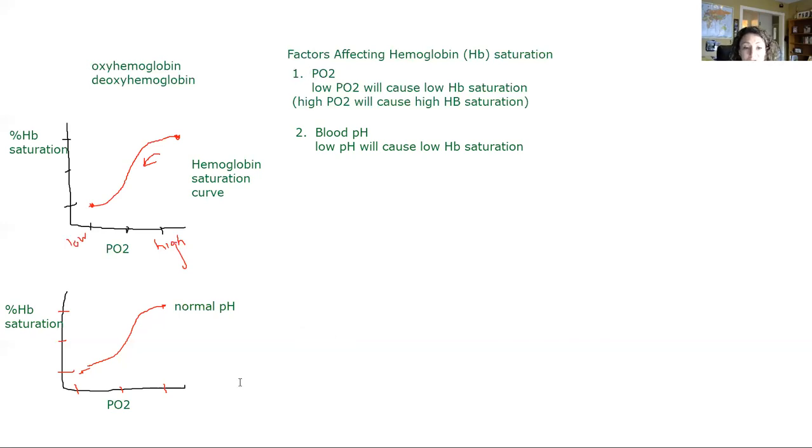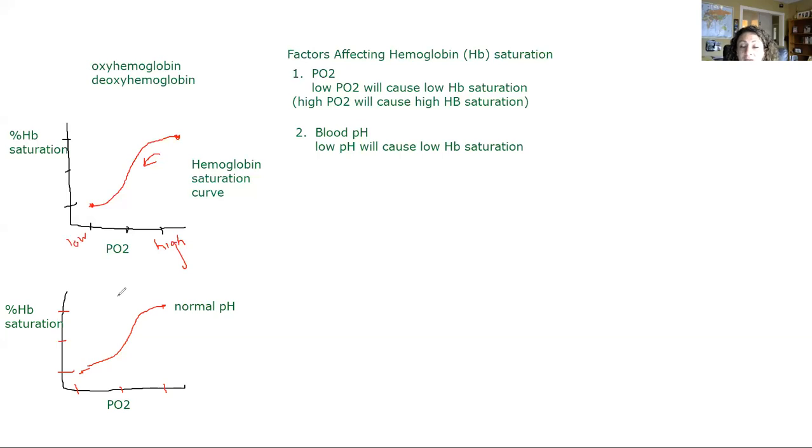So my question is, will the curve for low pH be above the normal pH curve or below it? What do you think? Above. Okay, so what would it mean if I drew the curve above it? What happens as you move up on this graph? As you move up on the y-axis, what happens to saturation?